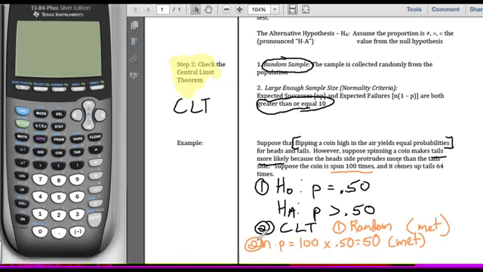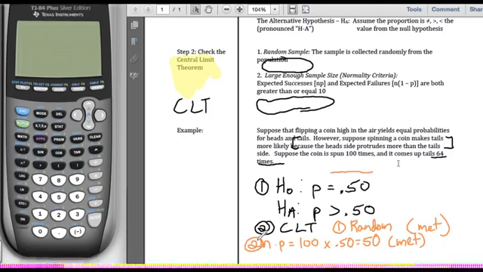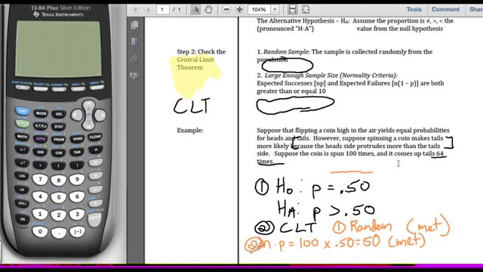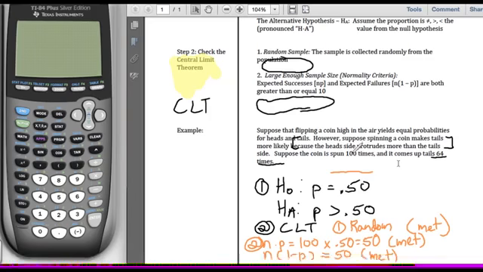As well, if I try to find my expected failures, n times 1 minus p is also going to be 50. They're both over 10, so it is met. Now, I know these 2 numbers always add to be the sample size. And so because the sample size was 100, I know 50 and 50 add to be 100.